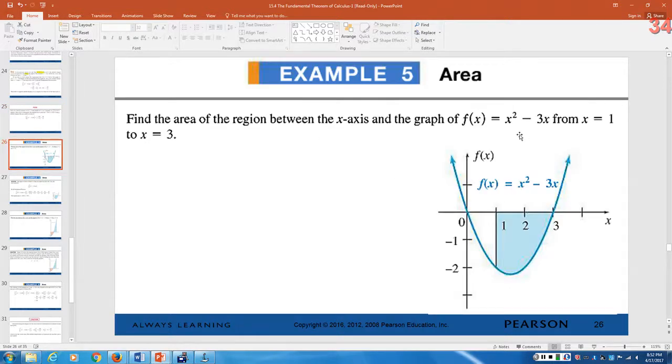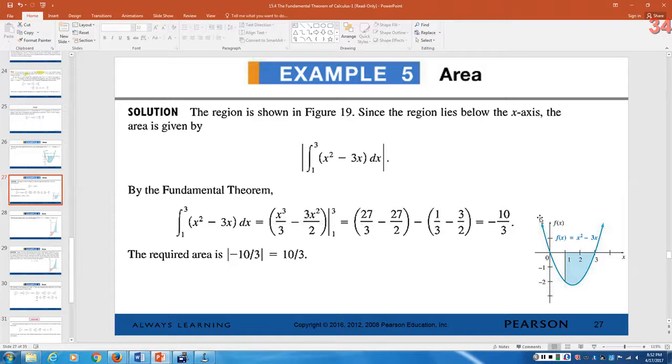Okay, here's a graph where, remember, it's the area of the region between the x-axis and the graph of x squared minus 3x when you go from 1 to 3. Well, the problem is when you graph f of x and then look at the area from 1 to 3, that area is under the x-axis. It is not above it. So when you actually do this problem, you're going to have a negative answer.